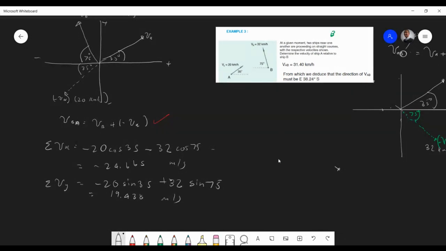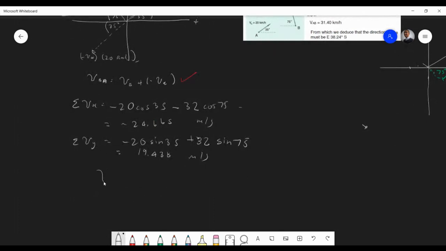And obviously now we can find the resultant vector, which is VBA. That's the square root of the sum of Vx squared plus the sum of Vy squared. Let's see what we get.